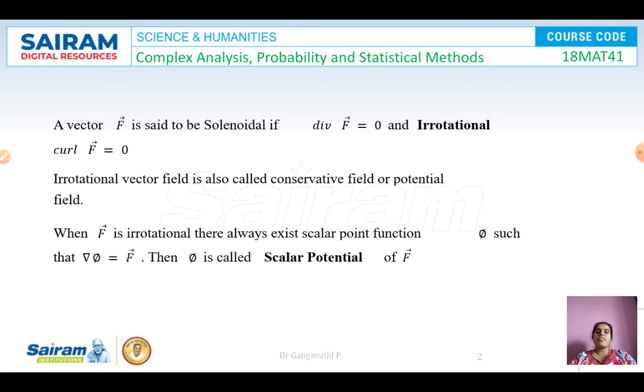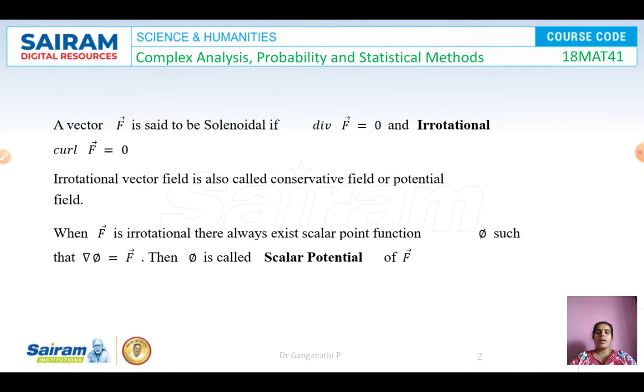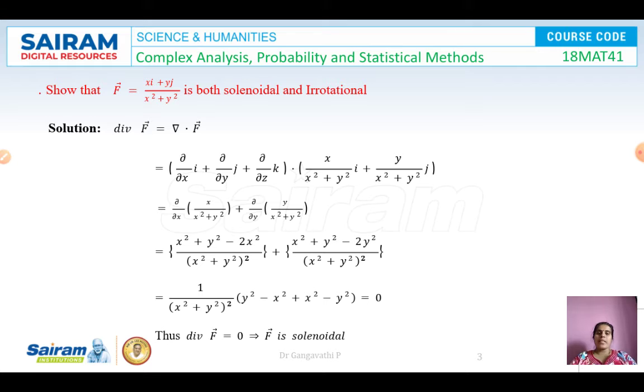This irrotational vector is also called the conservative field or a potential field, and when vector f is irrotational, there always exists a scalar point function phi such that grad phi is equal to vector f, and then phi is called the scalar potential of vector f. So these are the points that we have to remember before we get into the detailed study of the solenoidal and irrotational vector. Let us see a few examples of how exactly we can find the solenoidal and irrotational vector.